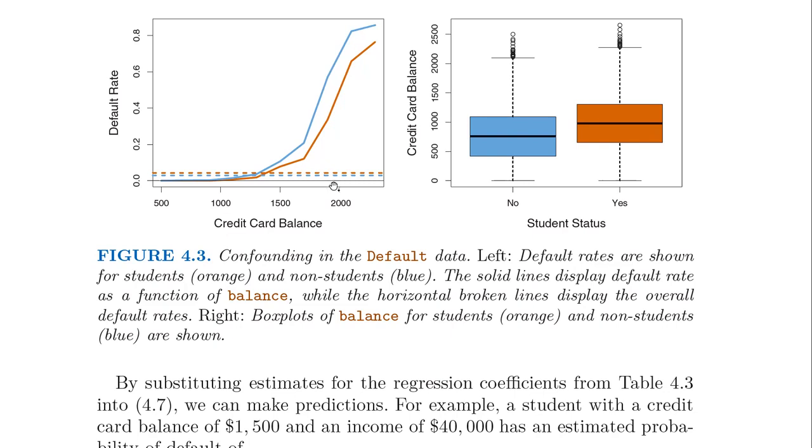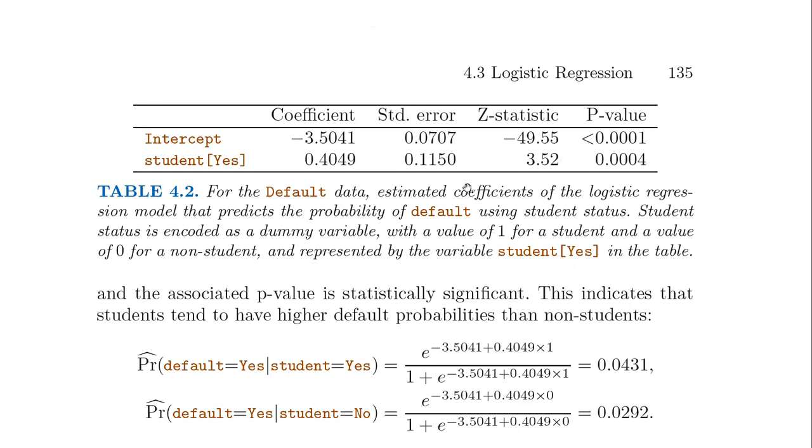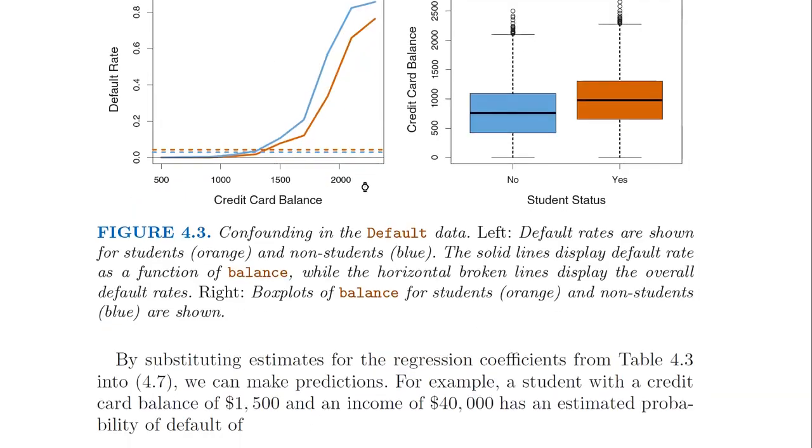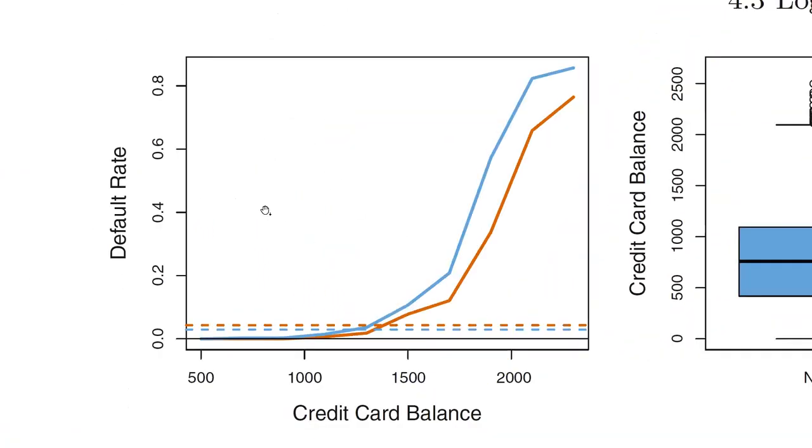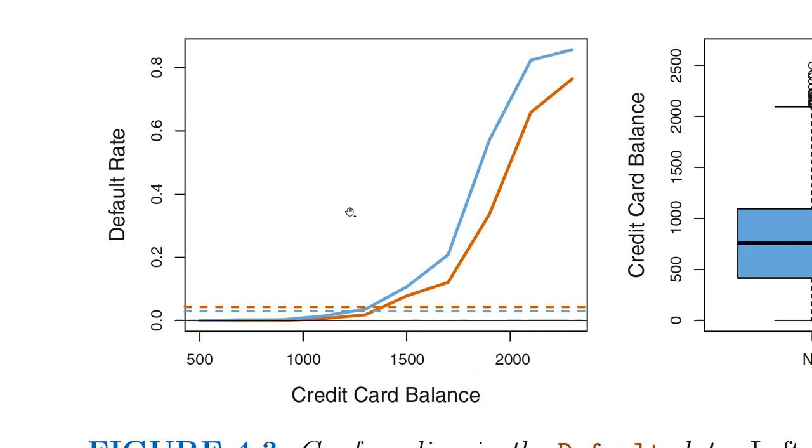But just very quickly, although when you're only looking at student as a predictor variable, you will get that students default. Students are orange. This is the default rate. So they don't pay their loans or they miss out on loan payments, excuse me. Students default at higher rates than non-students, but that's overall.